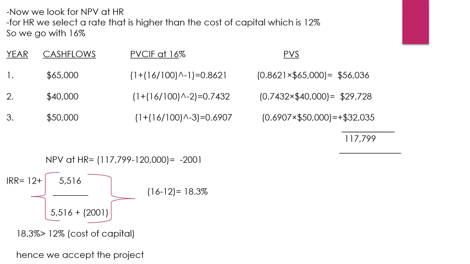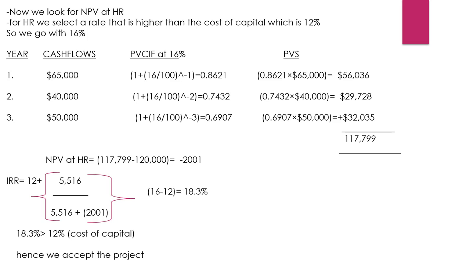So we're going to find the total of the present values of cash flow. If we add them, the answer you get is $117,799. So for us to get the NPV, remember it's the present value of cash inflow minus the present value of cash outflow.